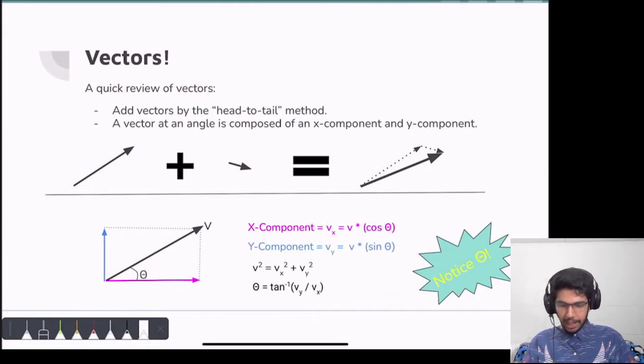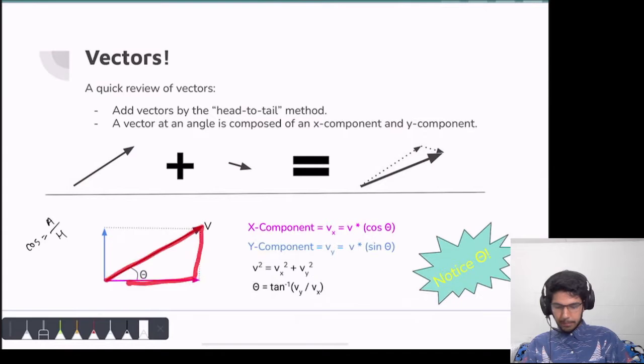So here I have labeled some value of theta, which is an angle. And from that, we can use some trig to get the components. So if we take the cosine of the angle, cosine is equal to the adjacent over the hypotenuse. And what we're doing is looking at this triangle right here.